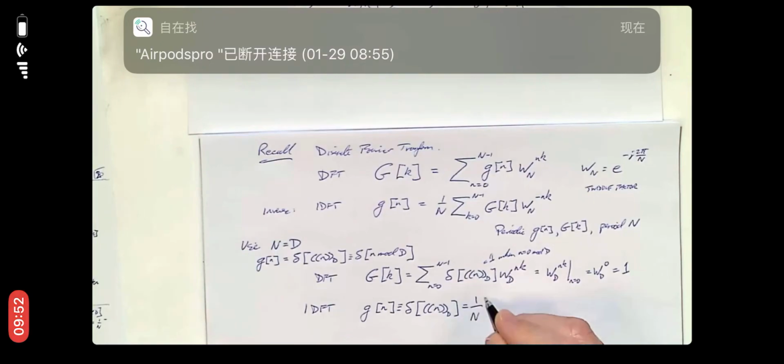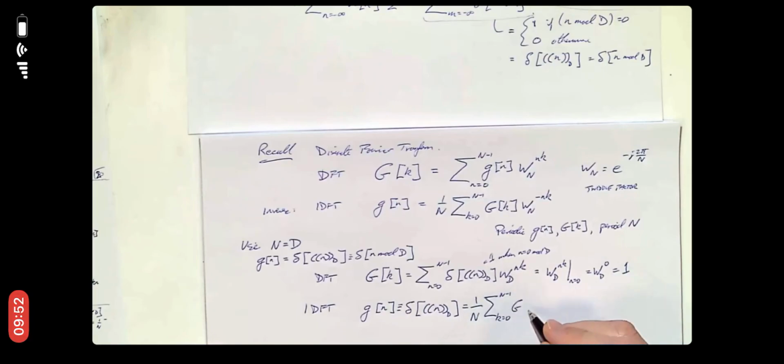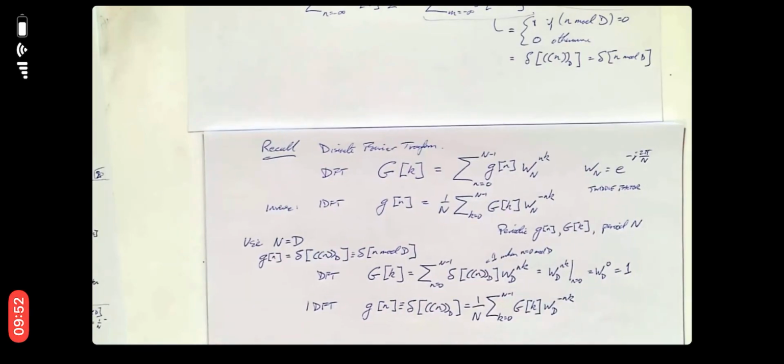It's 1 over n, the sum from k equals 0 to n minus 1, g of k, W_d to the minus nk. Now on this line, we found that g of k is equal to 1. So this result is 1 over n times the sum from k equals 0 to n minus 1 of W_d to the minus nk.